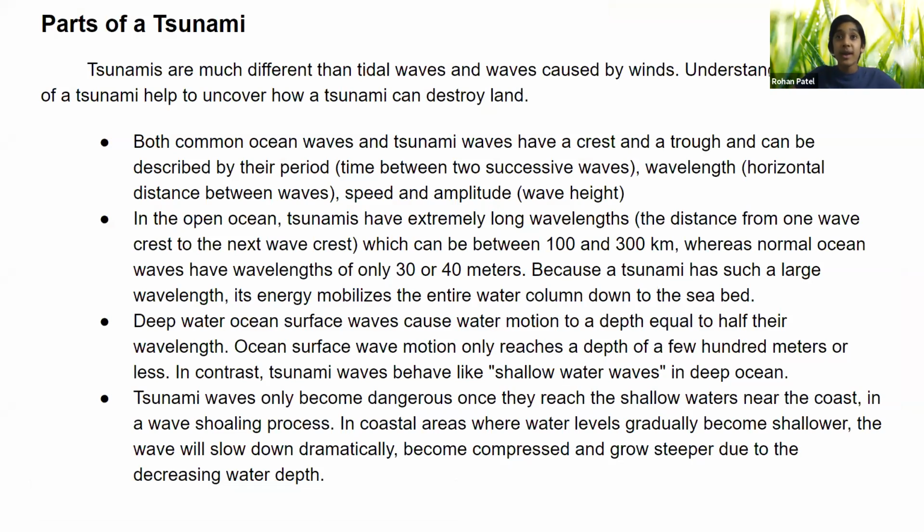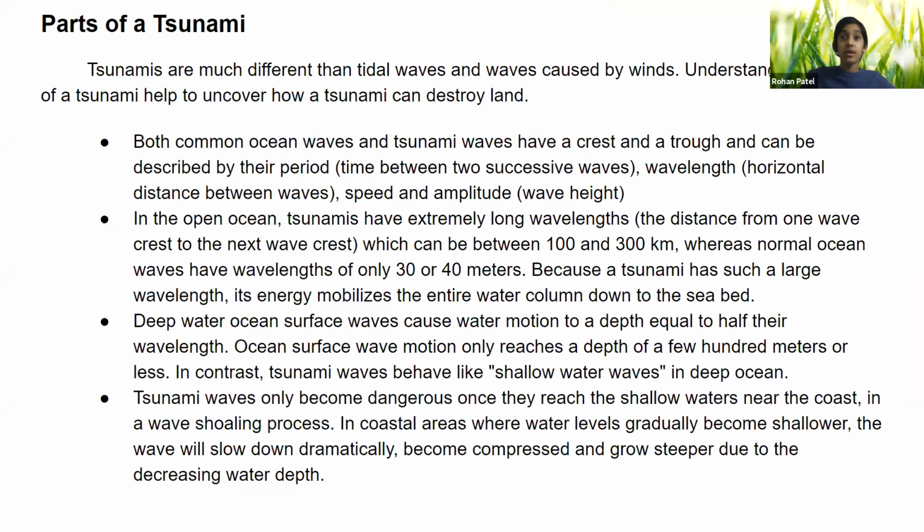Both common ocean waves and tsunami waves have a crest and a trough that can be described by their period, the time between two successive waves; wavelength, which is the horizontal distance between waves; and speed and amplitude, which is the wave height.